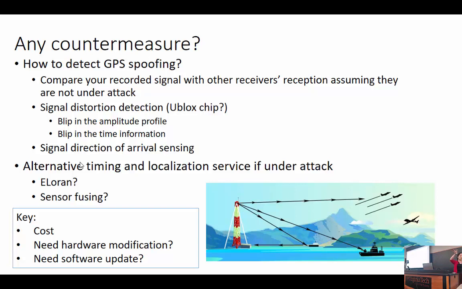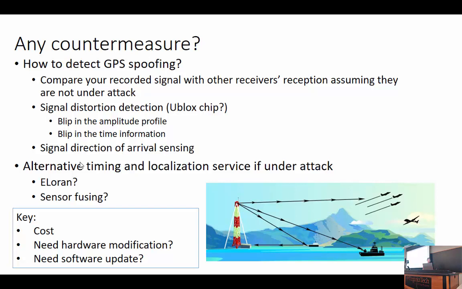That can potentially create a blip in the amplitude profile, meaning a sudden jump in amplitude if the attacker is not very careful in gradually increasing the attack signal. So that sudden increase in signal amplitude can basically be a red flag of attack.